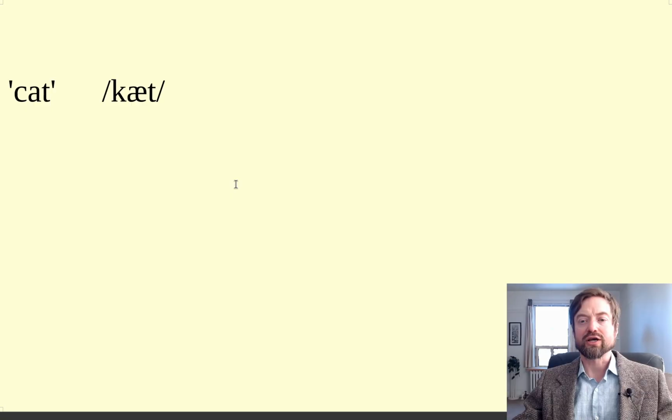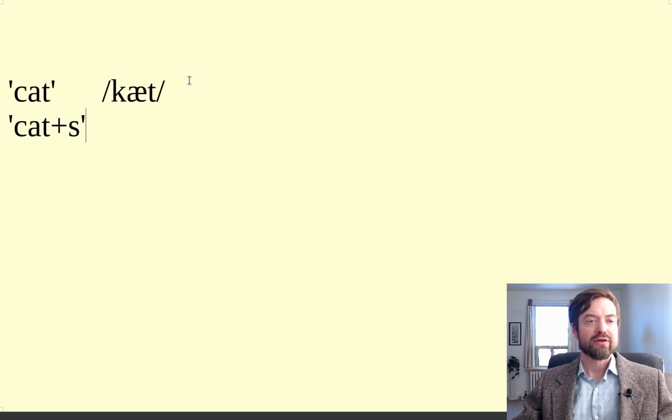Often they just get away with writing the letters, but keep in mind that what really matters is the sounds. Sometimes the spelling can cause some confusion when words don't behave the way their letters would seem to suggest they should. But in any case, let's look at the next word, which is cats.